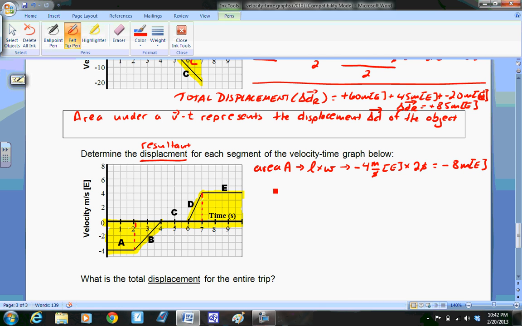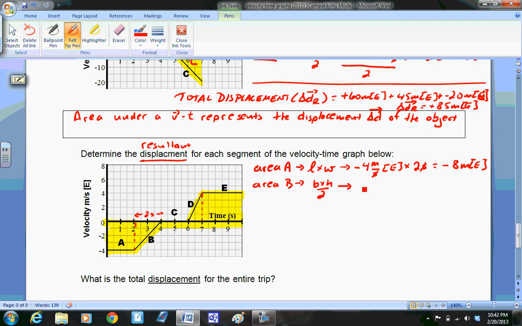Okay, B is very similar, except here we're eventually coming to a stop. So area B, I'd use my base times height over 2 formula. It's a triangle. So we're going to look at the base. My base, again, be careful, is 2 seconds. We're going from 2 to 4 seconds.